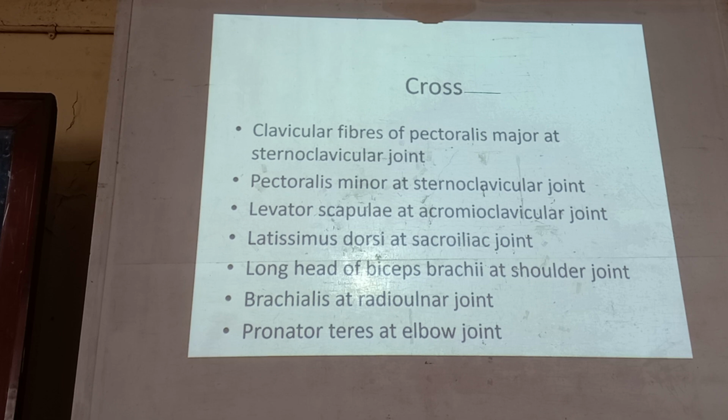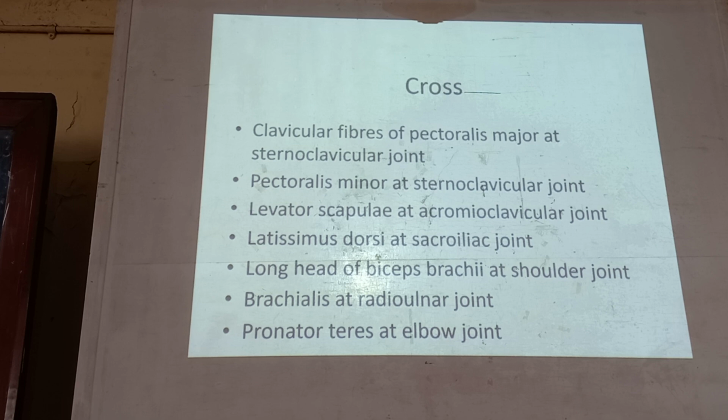Ribs to sternum, sternum to clavicle, clavicle to scapula. All these 3 joints it crosses. So obviously it crosses the sternoclavicular joint, even though it doesn't seem to be so. Ribs are lateral, scapula is lateral, sternoclavicular joint is medial. So it doesn't seem to be crossing in the ordinary sense of our meaning, crossing the road.